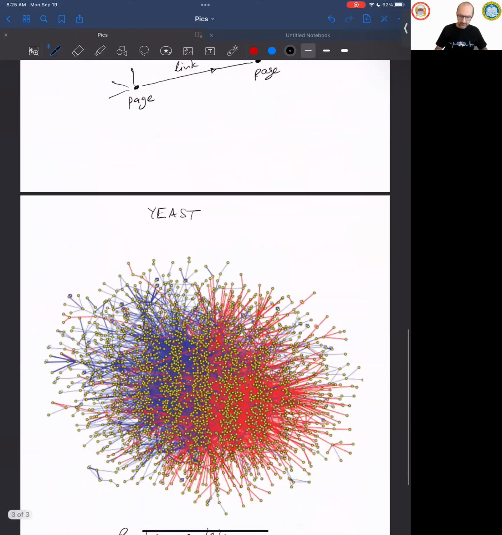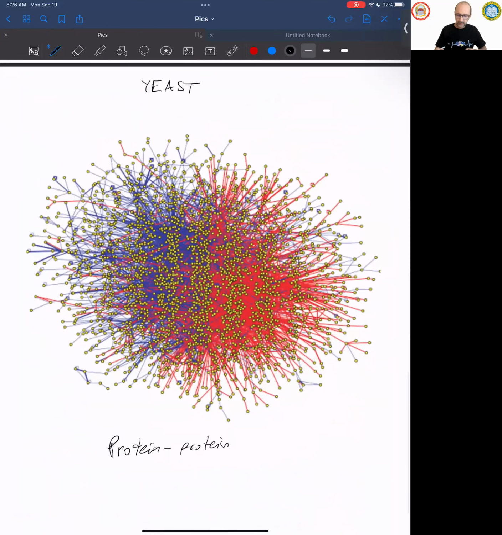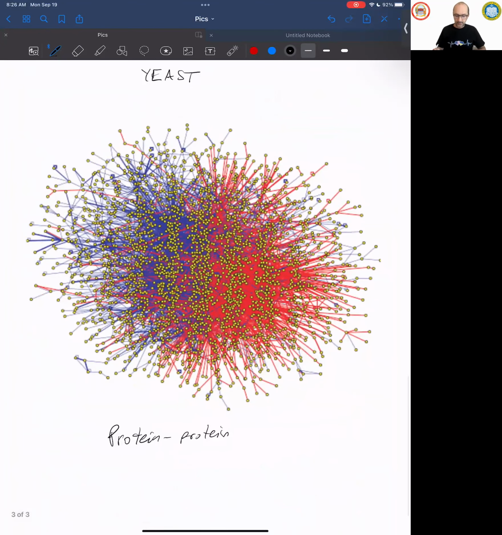There are other biological networks that are very important. For example, protein-protein interaction networks. This example is for yeast, where we have proteins, and they also talk to each other in some way. They affect each other.